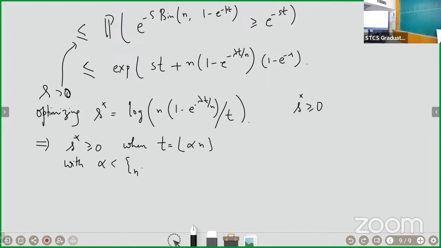Leaving out these details, it will take so much of my time. But if you notice the property we just saw, that's really at the heart of it: this inside thing will equal t by n only when t by n is equal to alpha. When you look at any alpha less than xi of lambda, s star will be greater than 0. See the book for the details.